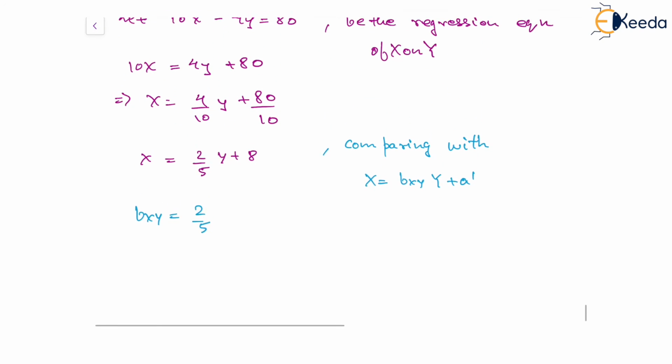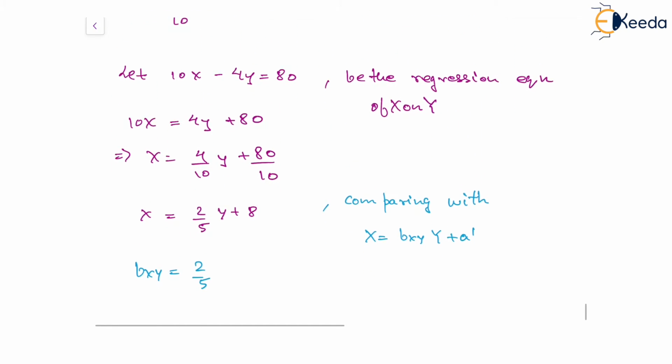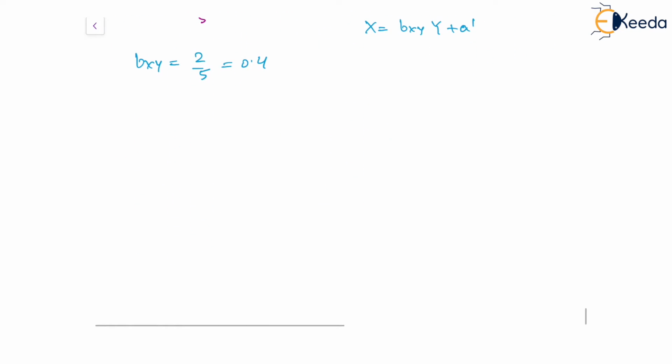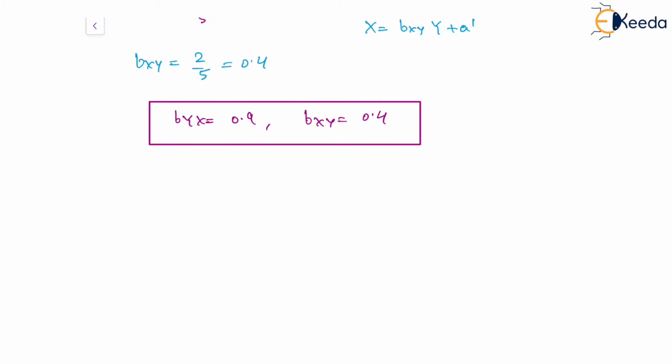This is equal to 0.4. Therefore, byx is equal to 0.9 and bxy equal to 0.4, and that is the solution for the second part.